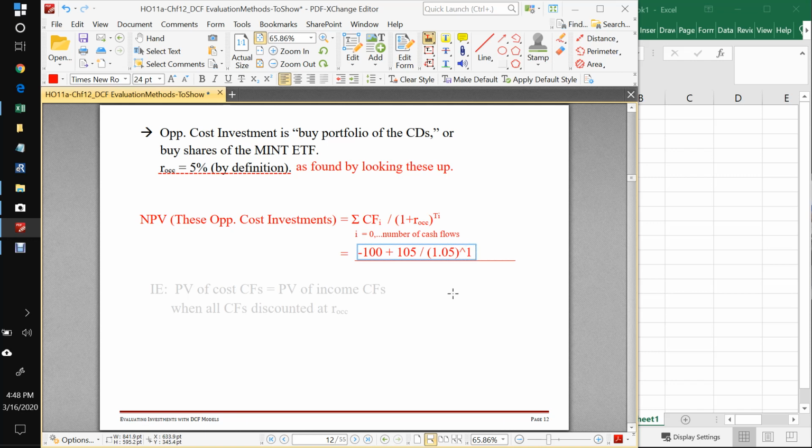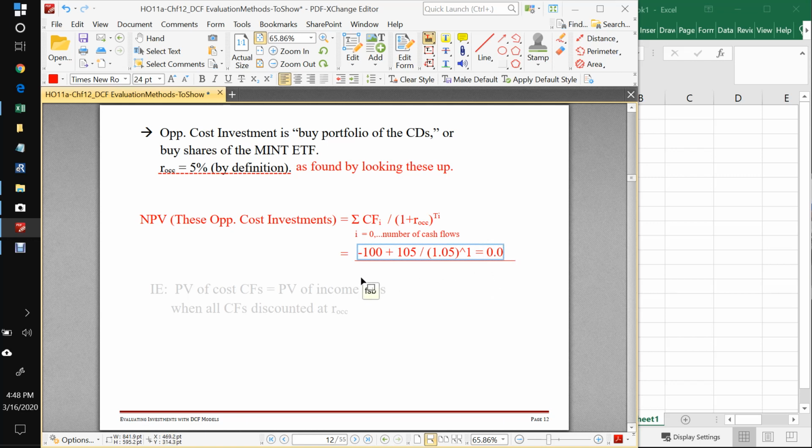When you work all this out, that's minus 100 plus 100, which is equal to 0.